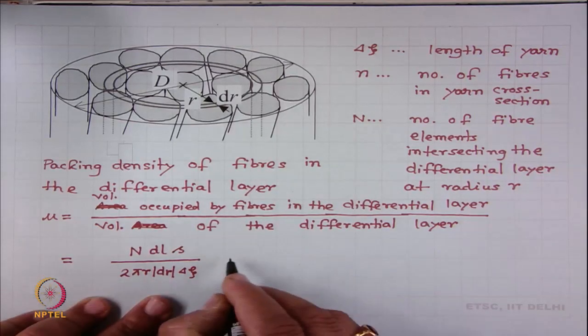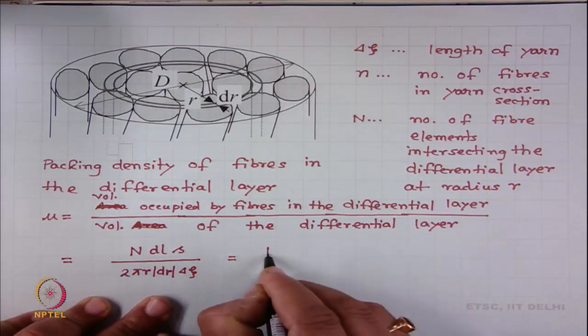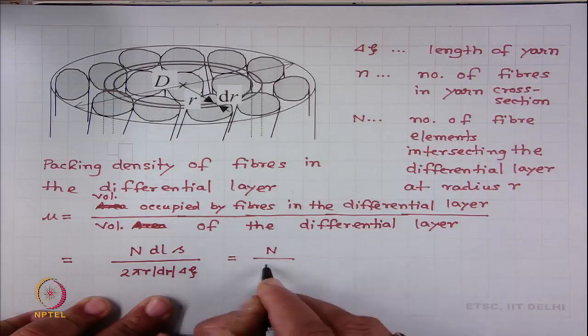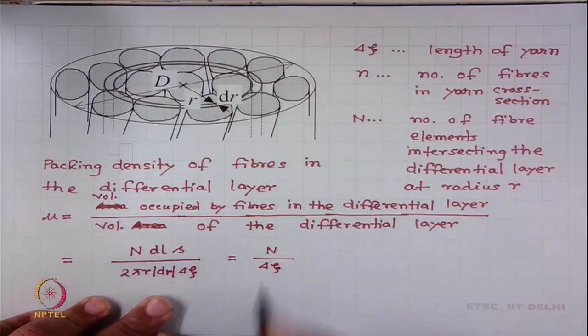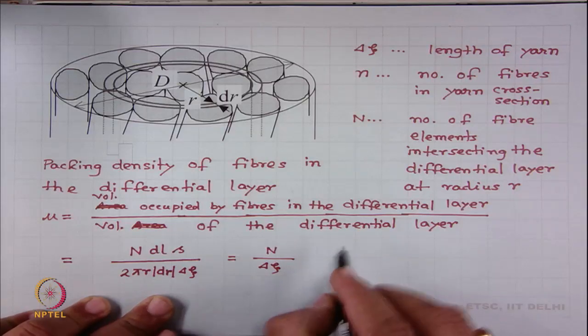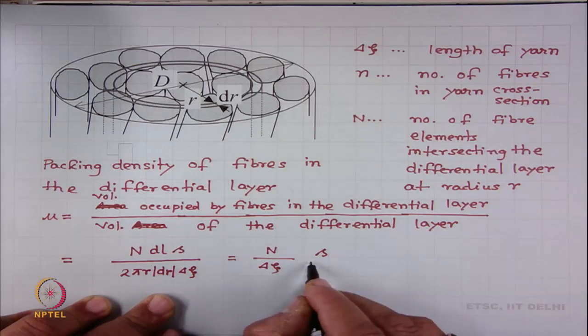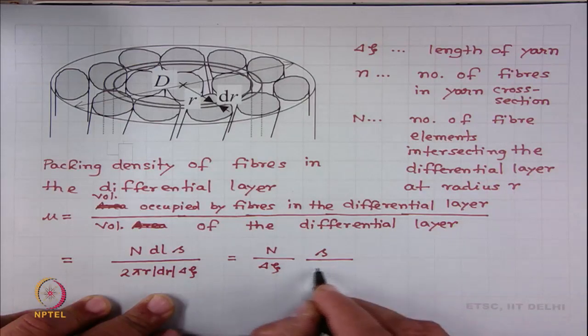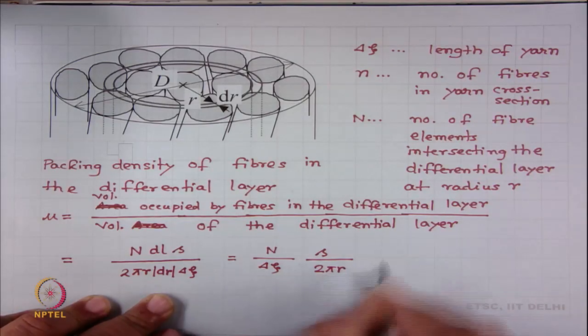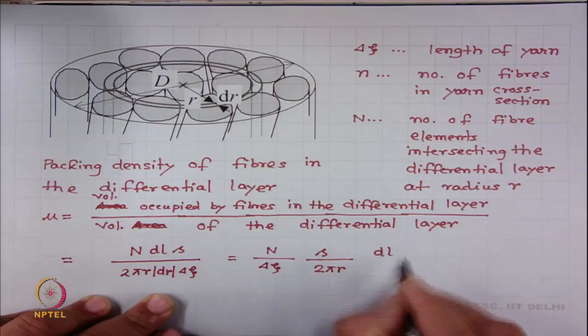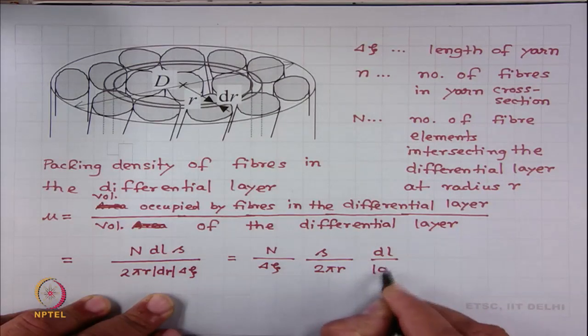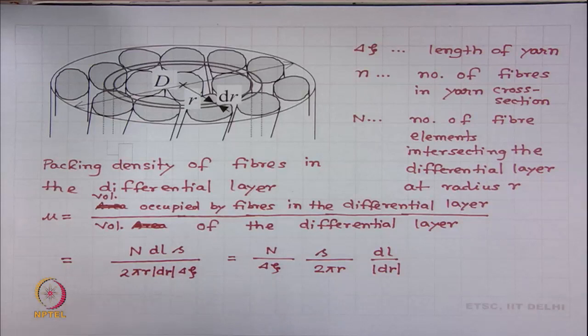So, N into s by 2 pi r into dl by dr. Right.